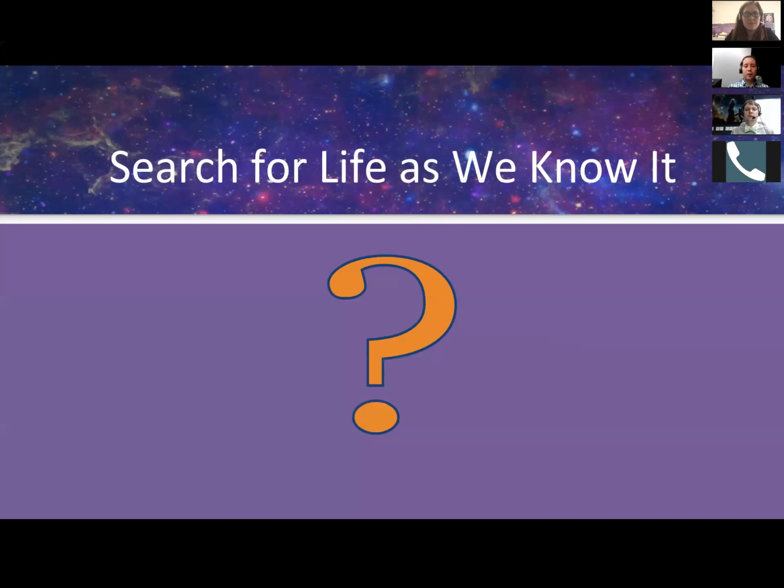If we just throw up our hands and say, let's think about all types of life as we don't know it, it becomes more difficult to conceive of the experiment and the telescope you would need to determine if you found it or not. And so this is why NASA takes a very step-by-step approach based off of what we do know. And as we learn more about our studies of life on Earth and in our solar system and biology in general, that also opens the door for maybe future missions to think about life as we don't know it. So leave it there.